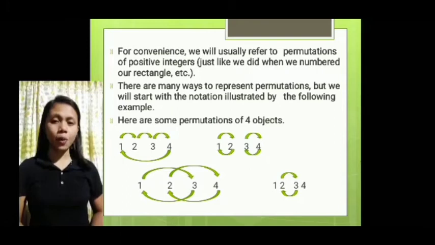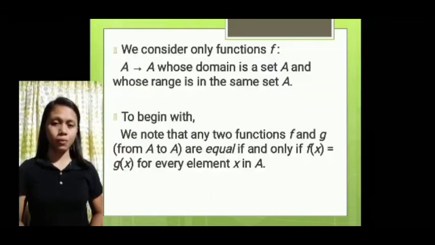Next, 1 replaced by 2, 2 replaced by 1, 3 replaced by 4, and 4 replaced by 3. Then 1 replaced by 3, 2 replaced by 4, 3 replaced by 1, and 4 replaced by 2. And also 2 replaced by 3, and 3 replaced by 2.